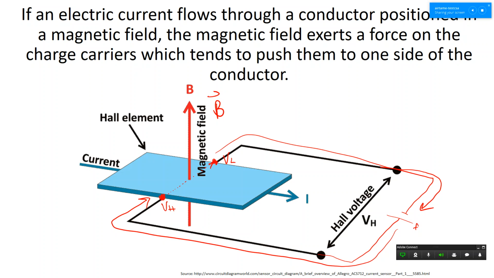So we need to use our right hand to know which way the force is going. We have a charge going in that direction with a magnetic field upwards. So therefore there's going to be a force in this direction, a magnetic force. But it's still going to want to go towards the area of low potential.